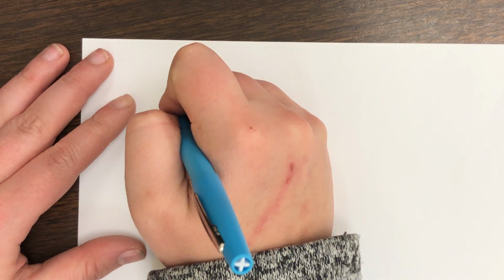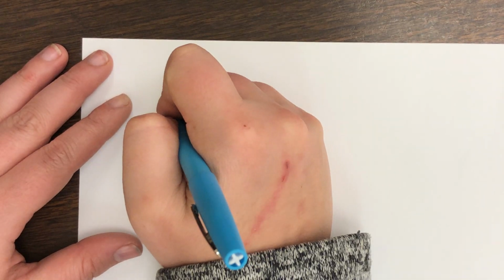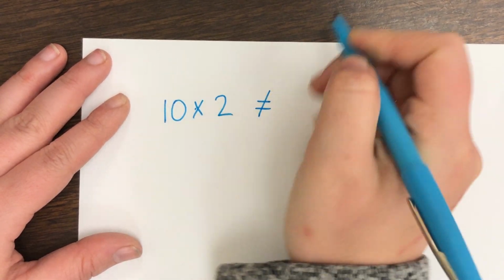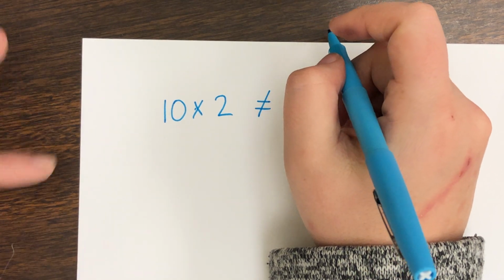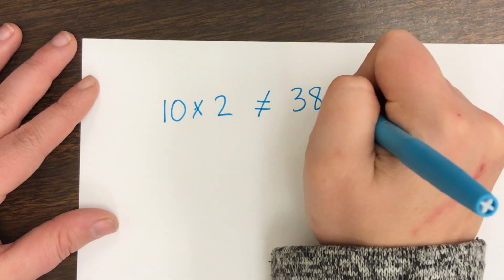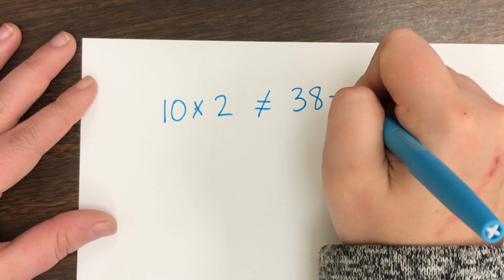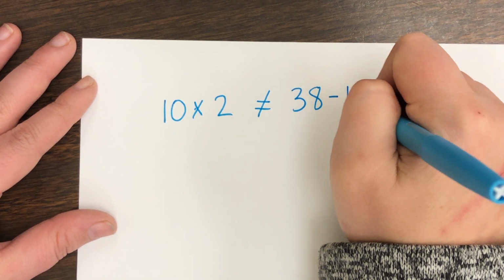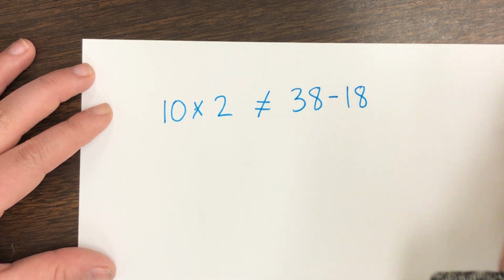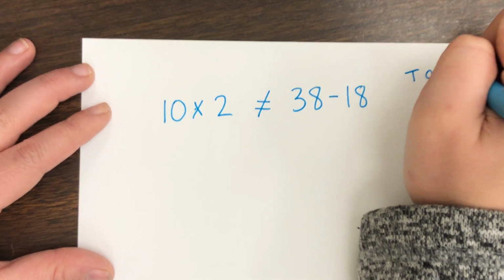Let's do this problem. Let's do 10 times 2 is not equal to 38 minus 18. Let's see if that is true or false. All right, so this is a T or F question.